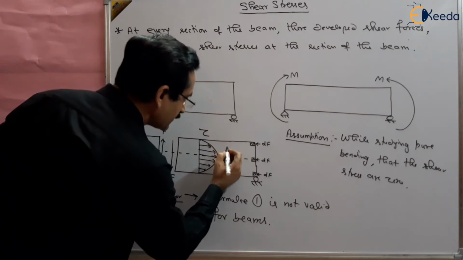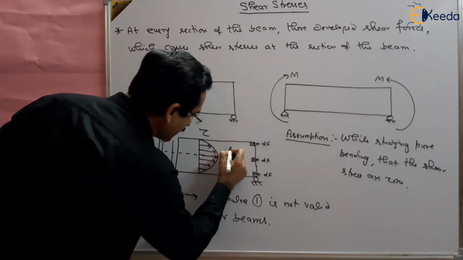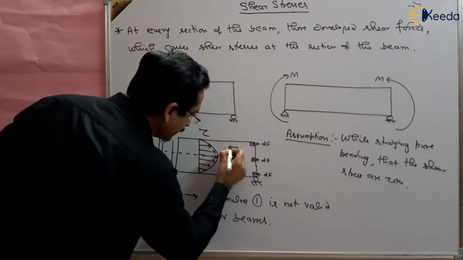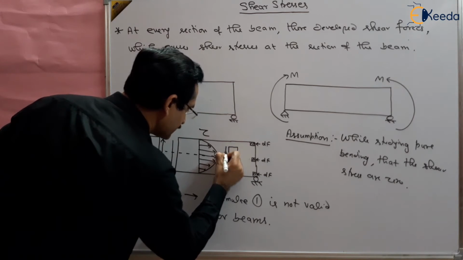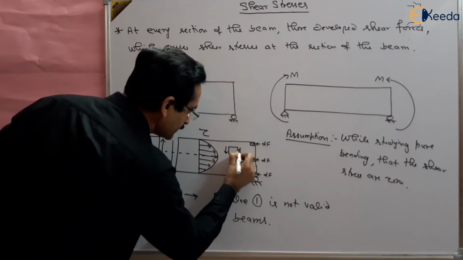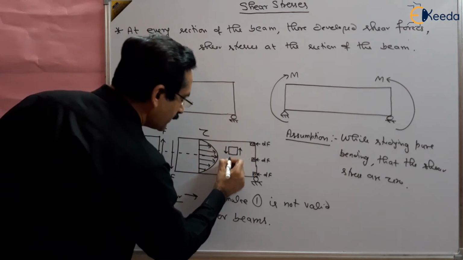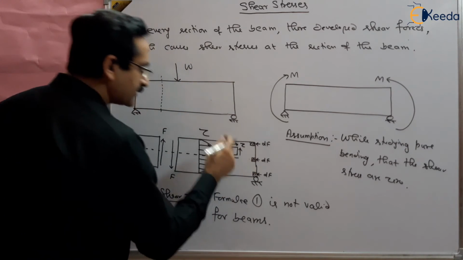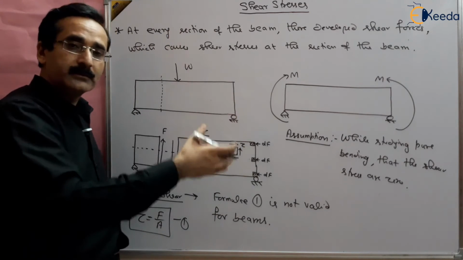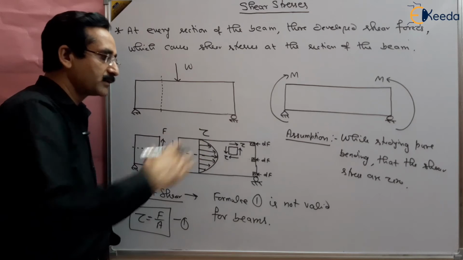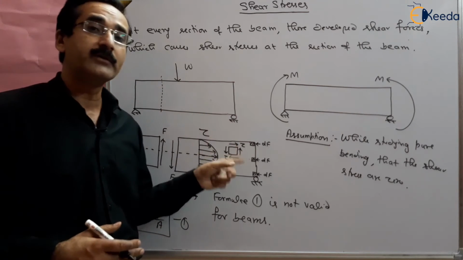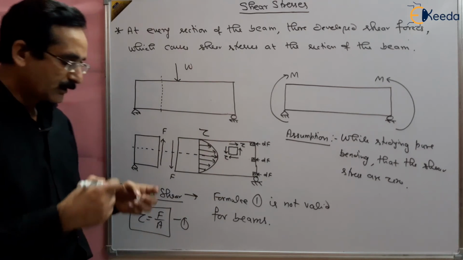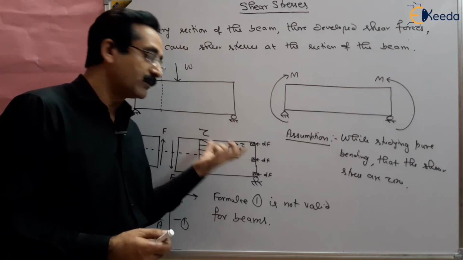If I see any point here and check the shear stresses at a certain point, the shear stress will be like this, and because shear stresses are complementary, there will be shear stress in the longitudinal direction also. So shear stress is not only in the transverse direction but also in the longitudinal direction. Remember the first chapter where we discussed that shear stresses are complementary.